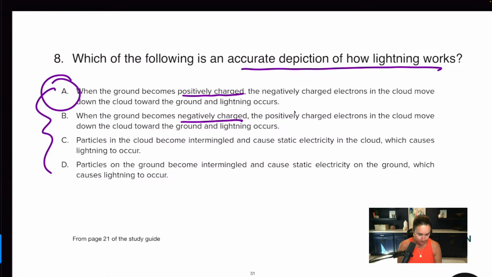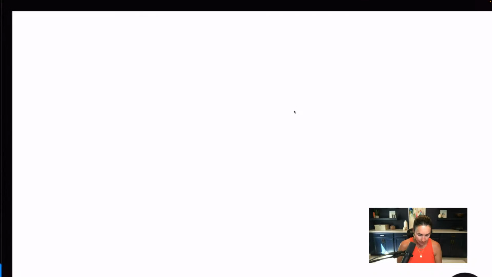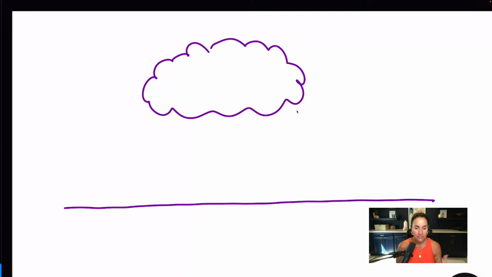Let me draw a picture for you guys. It's not going to be pretty. All right, so here we have a cloud, and here's the ground. What happens is at different times, the negatively charged particles will start to move below the ground because everything's charged, right?